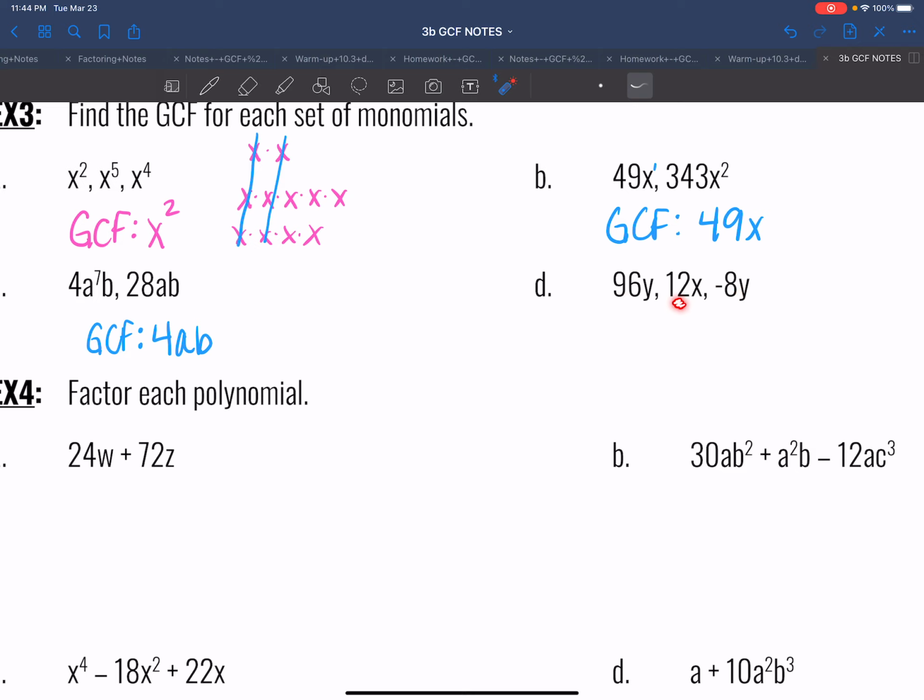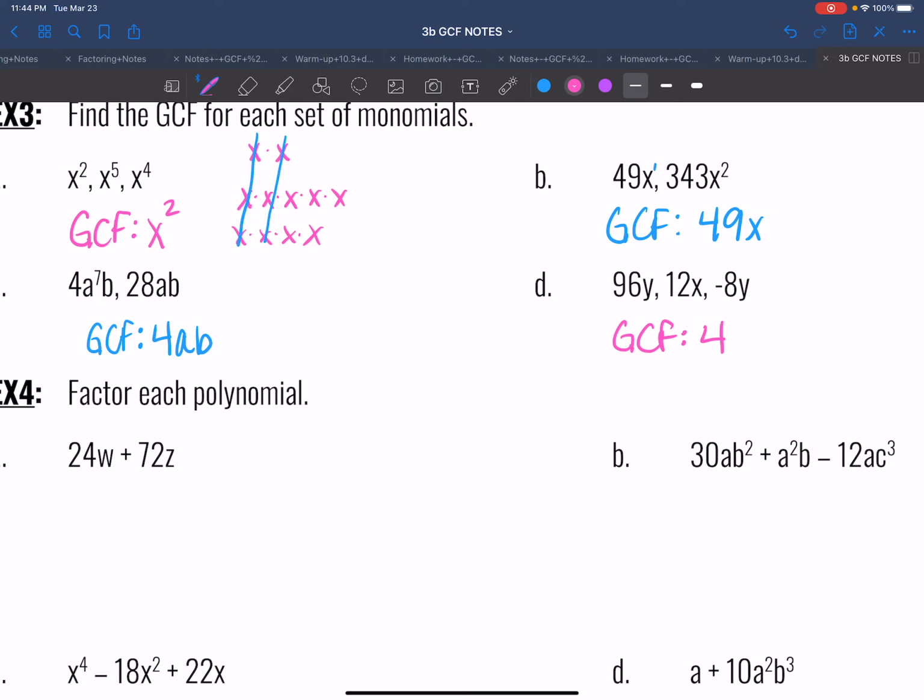I cannot divide 12 by 8. That does not work out evenly. So then I'm thinking, okay, well, what's another factor of 8? That would be like the next highest factor of 8. That would be 4. And I can for sure divide 12 by 4 evenly and 96. So that means the GCF is going to start with 4.